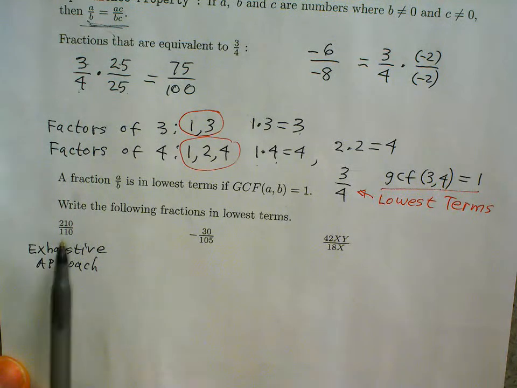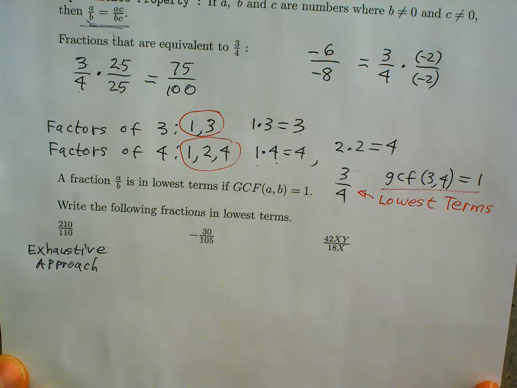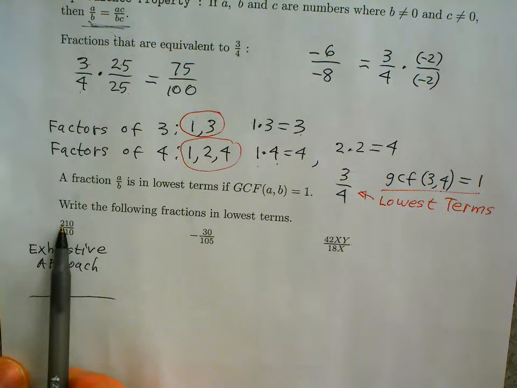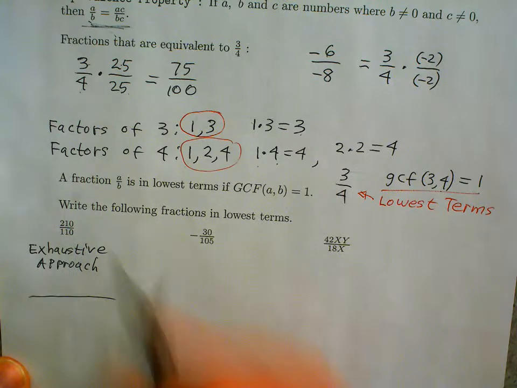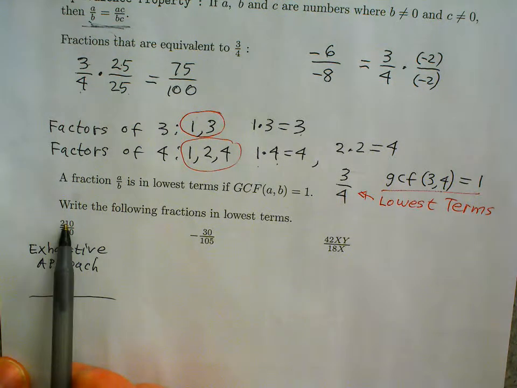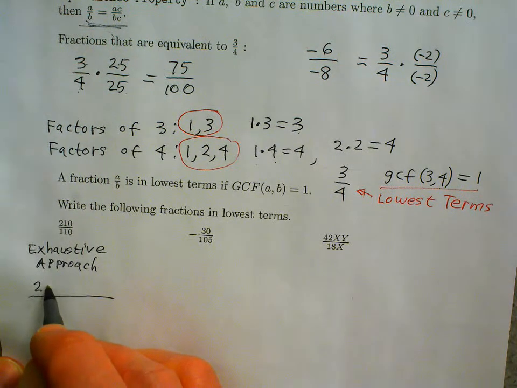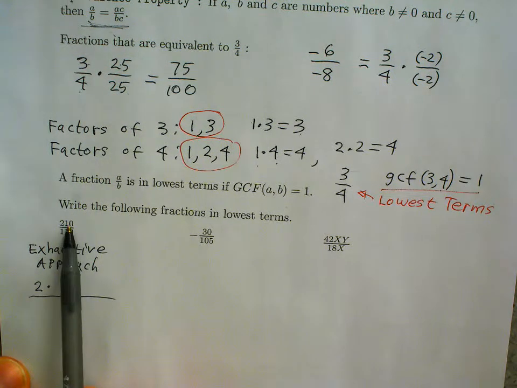So by that I mean I'm going to write down the complete prime factorization of 210 and put those in the numerator, and then the complete prime factorization of 110 in the denominator. So 2 is a prime number. 2 times 105 is equal to 210.